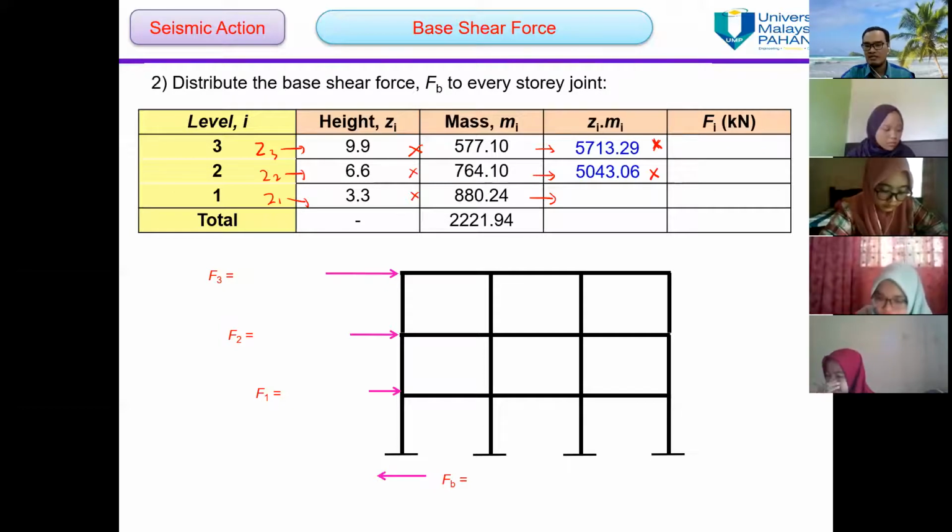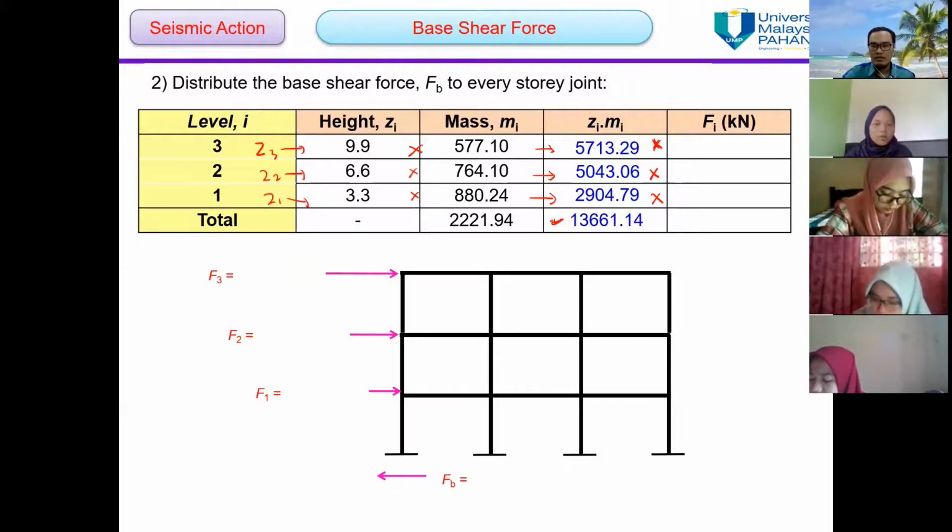Any objections? No. Okay, good. How about story number 1? 2904.79. Okay, how about the total value here? 13661.14. Okay, good.